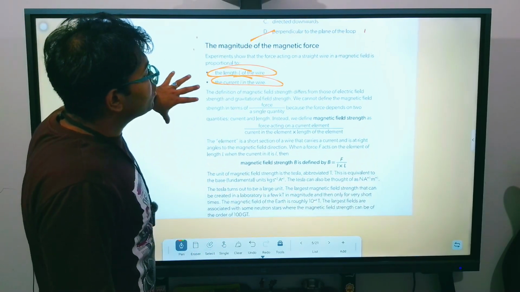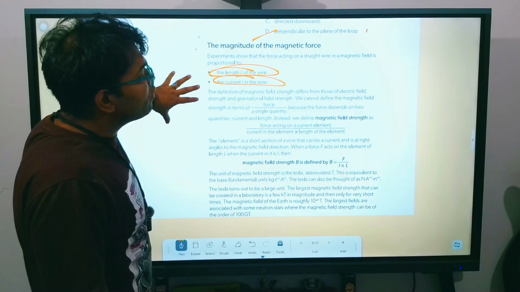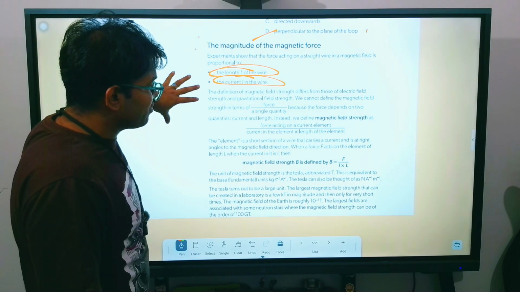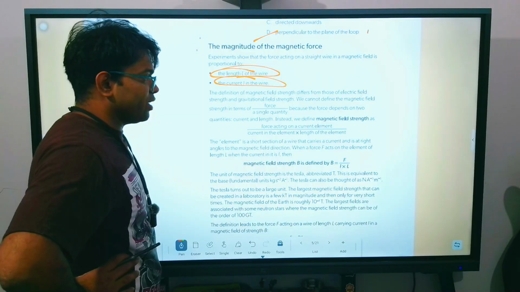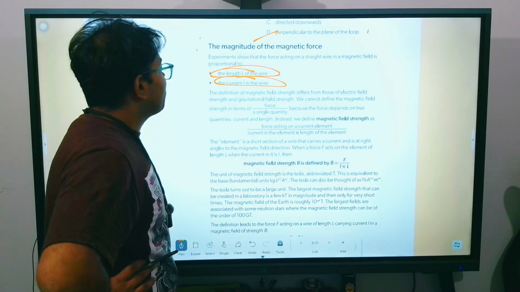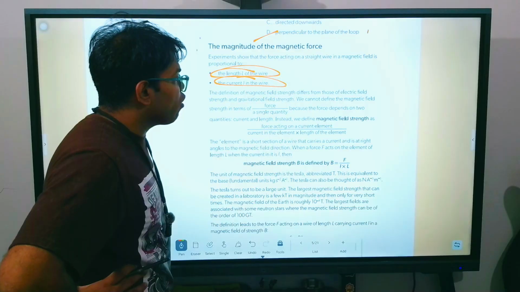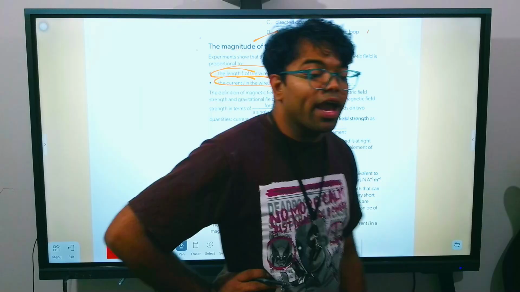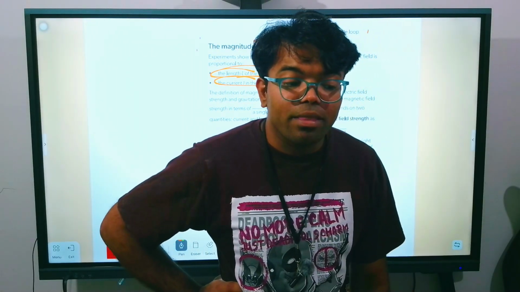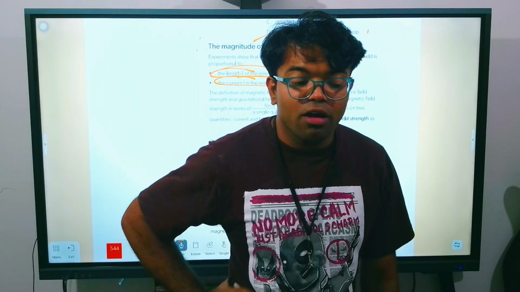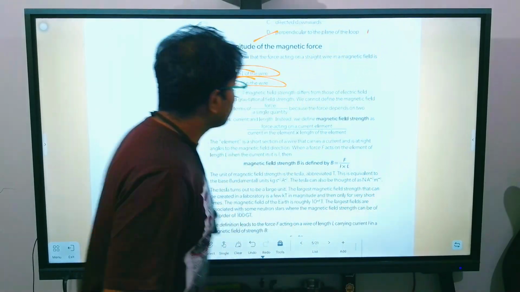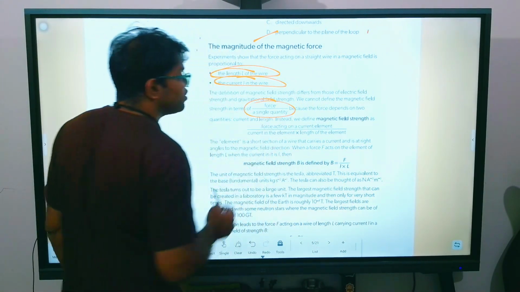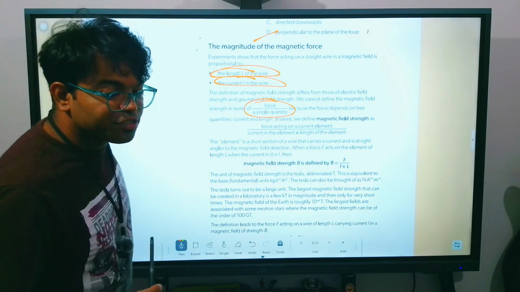So the definition of magnetic field strength differs from those of the electric field strength and the gravitational field strength. We cannot define the magnetic field strength in terms of force upon a charge on a single quantity. Why can't we do that? Why is this definition such a problem for us?